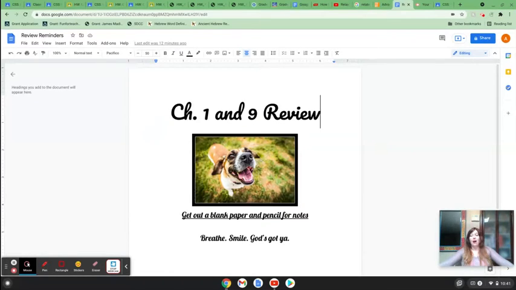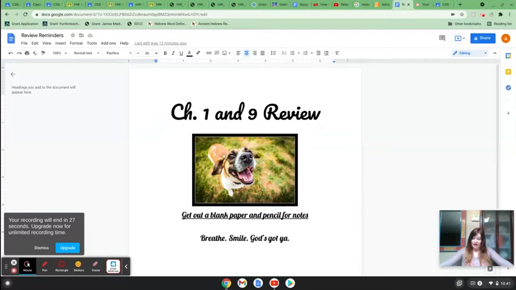So, by reorganizing, we mean, what cards were you struggling with? You can put them at the top. What cards do you not need anymore because you have completed it? And then finally, it enables you to quiz yourself in different ways to look at the term or the definition and guess the term.